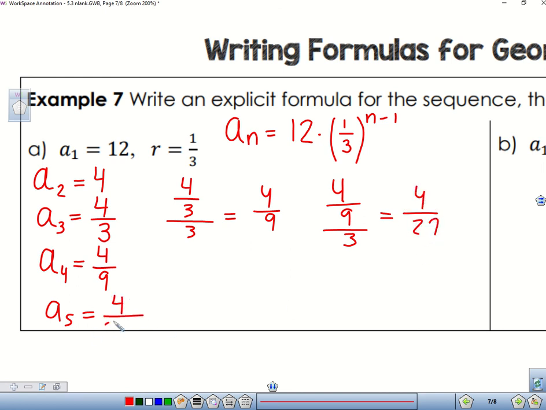So the formula would also generate this, but it's easier to do it this way in my opinion. So those would be our first 5 terms. We're just multiplying by 1/3 each time. Questions? Okay.